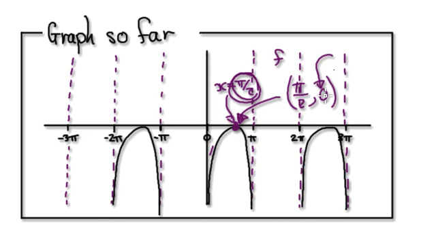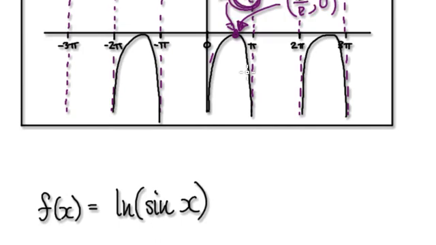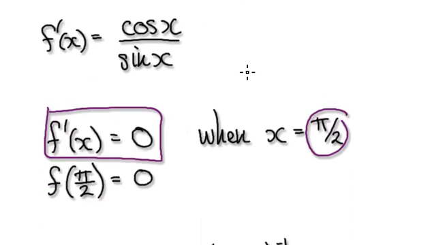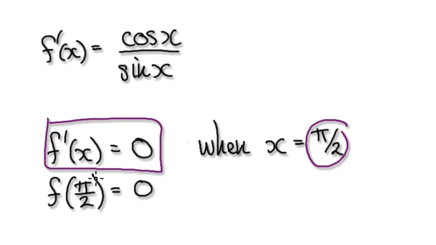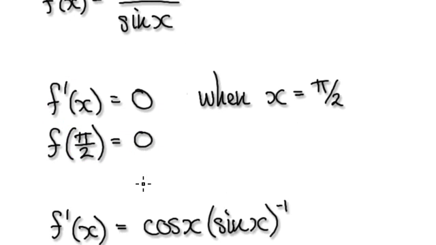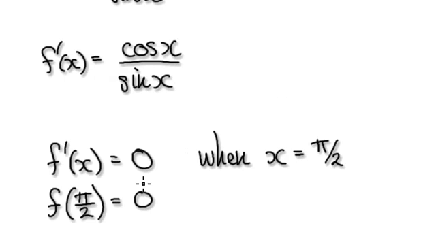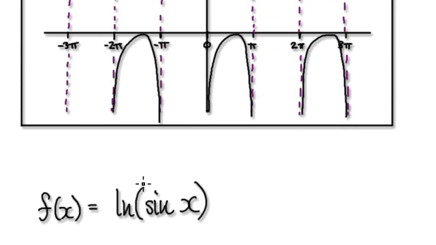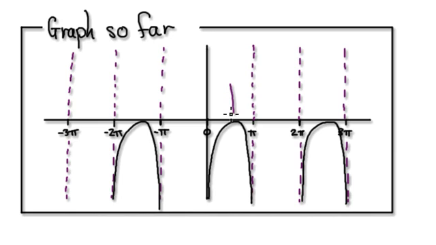So put pi over 2 into the original function, and it does indeed equal 0. Check that for yourself. So we know the coordinates here will be pi over 2 comma 0.